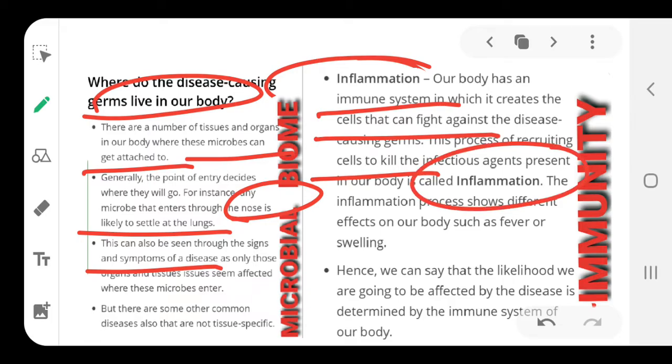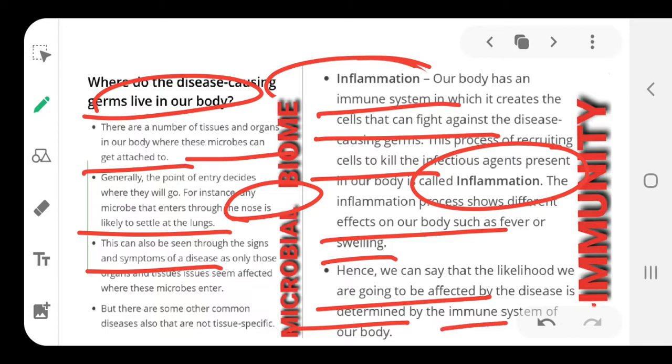The inflammation process shows different effects on the body such as fever or swelling. That means, if you get infected and you get fever, it means the immunity is working, because it is countering the agent that entered our body. As a result, we can say that our likelihood of being affected by disease is governed by the immune system, because the moment microbial flora attack our body, the immune system gets activated and starts doing its job.